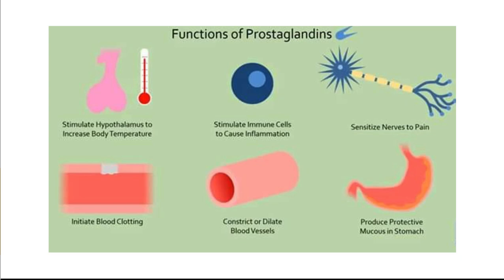Prostacyclin is a vasodilator and a potent inhibitor of platelet aggregation, and thus serves to prevent thrombus formation on normal endothelial cells. Prostaglandins are involved in the pathogenesis of pain and fever, two common systemic manifestations of inflammation.